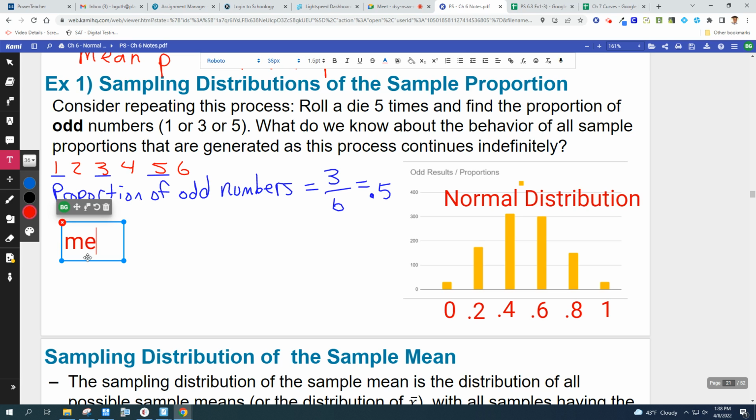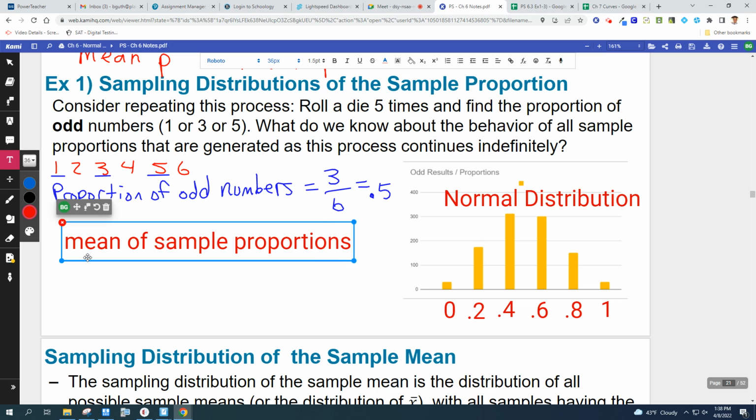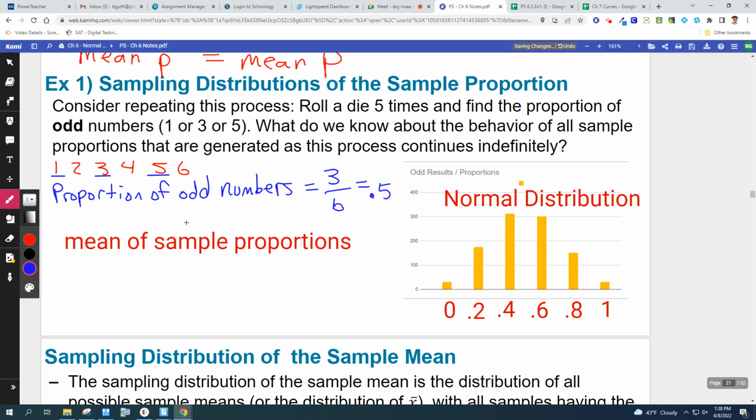Write that down. Mean of sample proportions is about 0.5. And that's kind of our main takeaway.